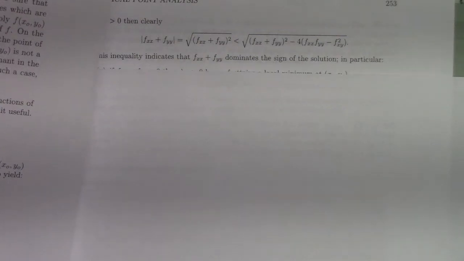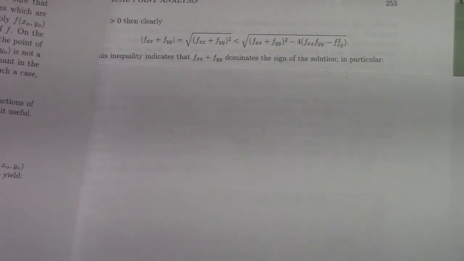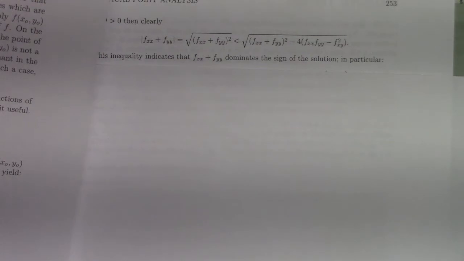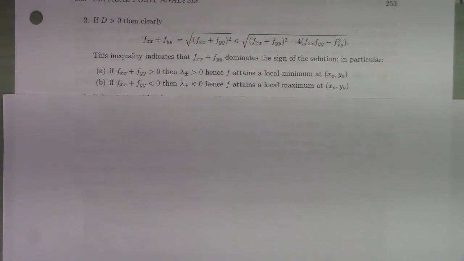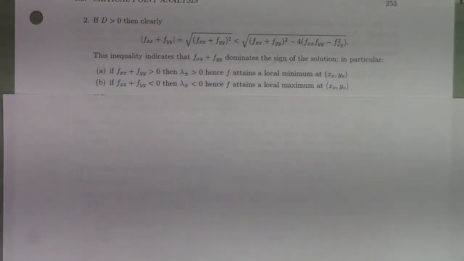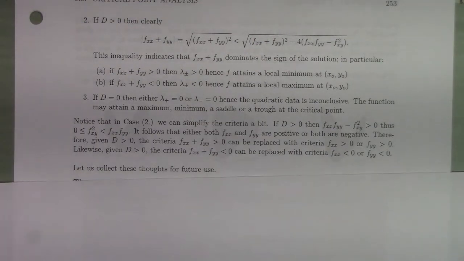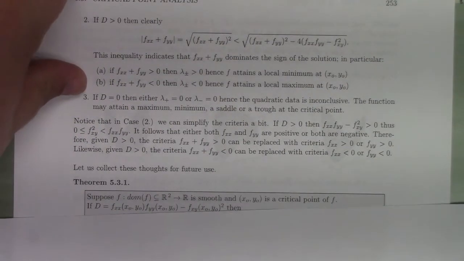I don't think that dominates the sign of the solution. I think that the square root dominates the sign of the solution. If fxx plus fyy is positive, then they're both positive. Oh, okay, fine, yeah. Anyway, basically my point is you can go through this analysis piggybacked off that derivation I had in the previous part of the notes.